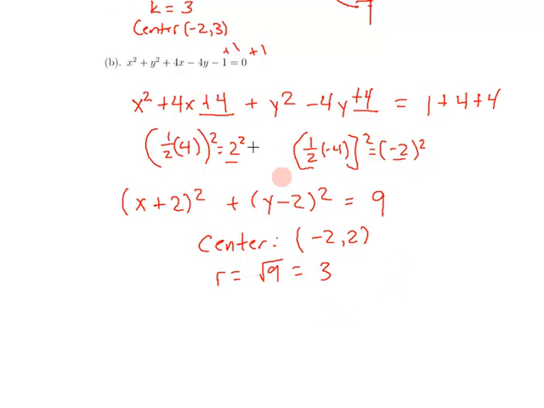And we graph it the same way again. But that's how we can get from general form to standard form, by completing the square. Negative 2, up 2, right 3, up 3, left 3, and down 3. There's the graph of that circle.